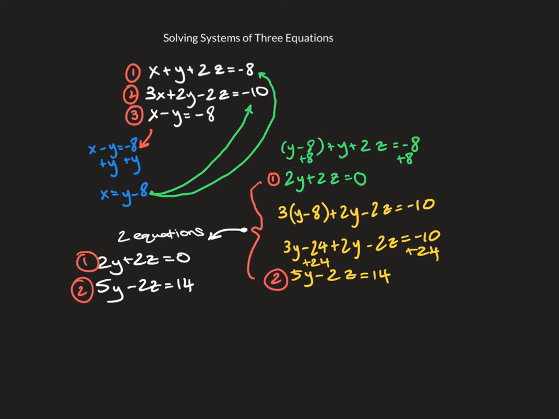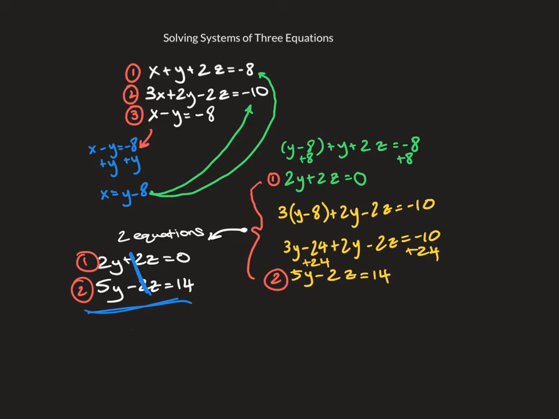Let's go ahead and solve normally. I'll just do elimination, because in this case it's really easy. It's already eliminated for us. Positive 2z in the first equation and minus 2z in the second equation, they cancel each other out. And I will just add the two equations together.